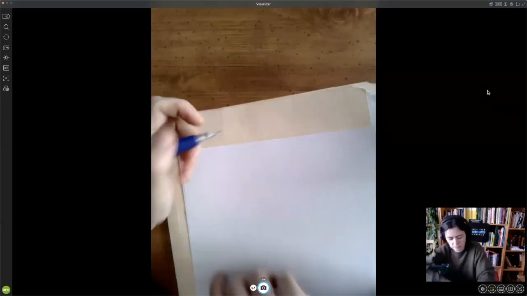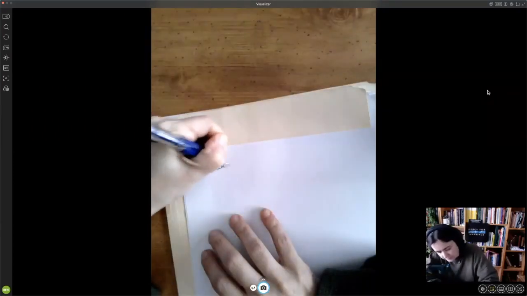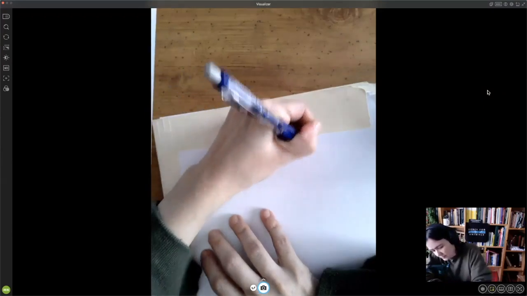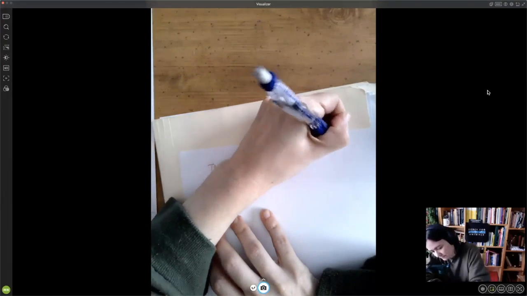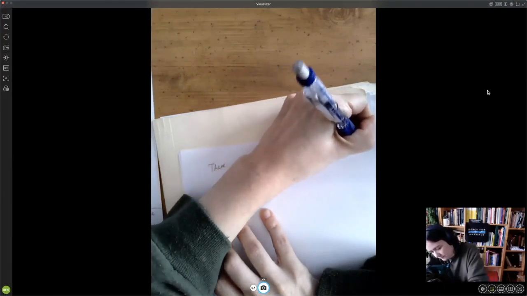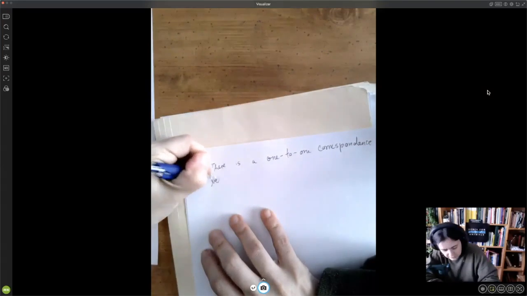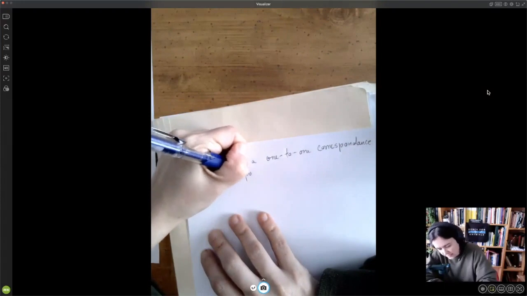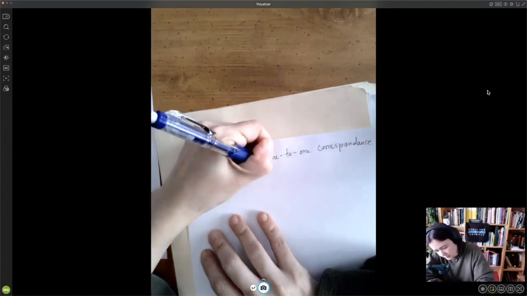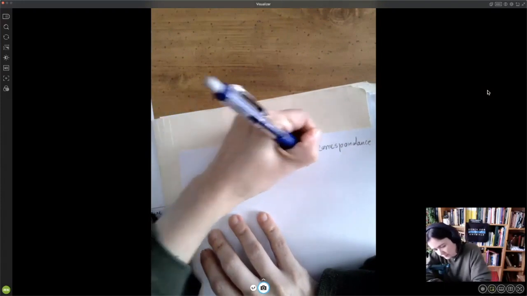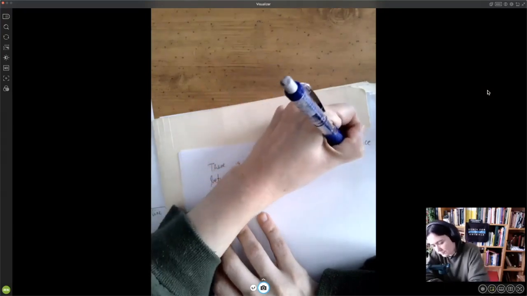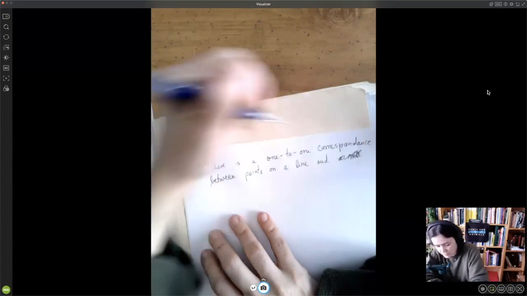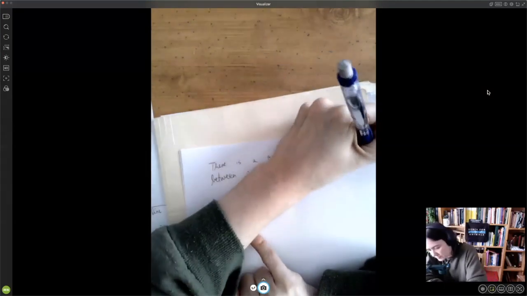So there is a one-to-one correspondence between points on a line and real numbers.